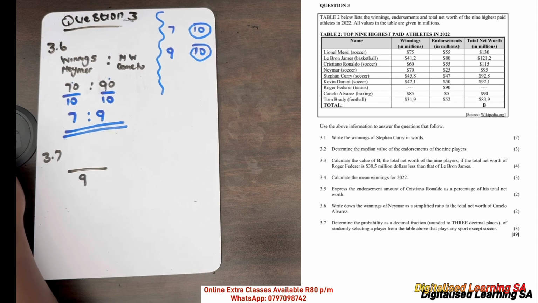Now we need to determine the players that play any sport except soccer. The first one is Lionel Messi. He plays soccer, so we are not going to count him. We count LeBron James, who plays basketball, Roger Federer, Canelo Alvarez, and Tom Brady. In total it's 4 players that don't play soccer but play other sports.